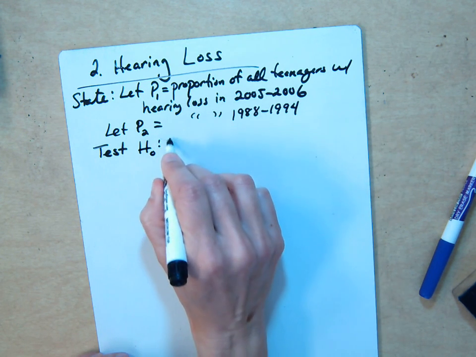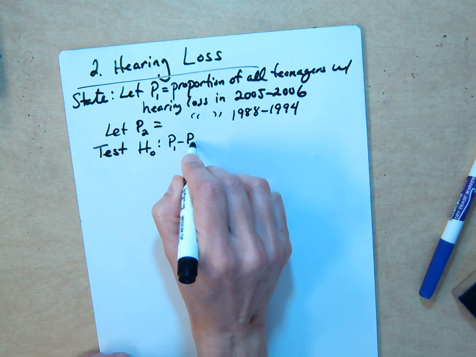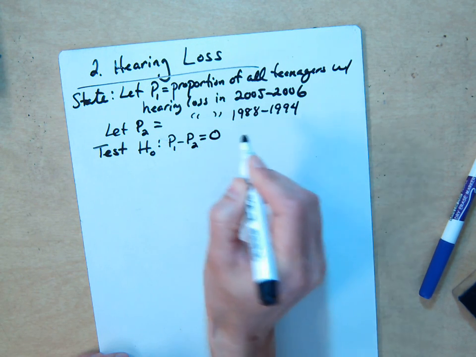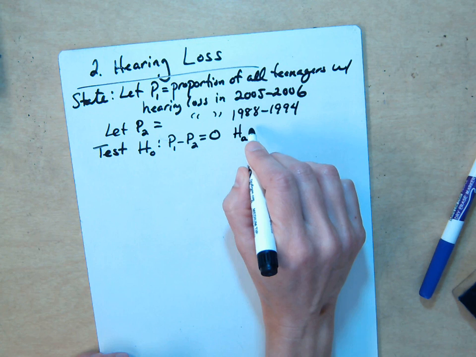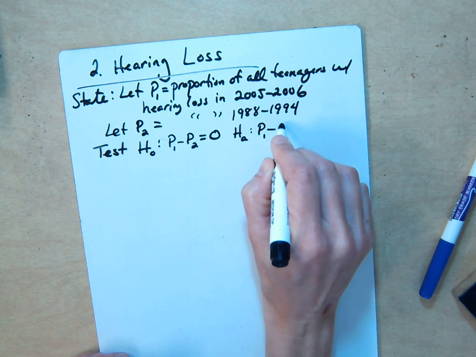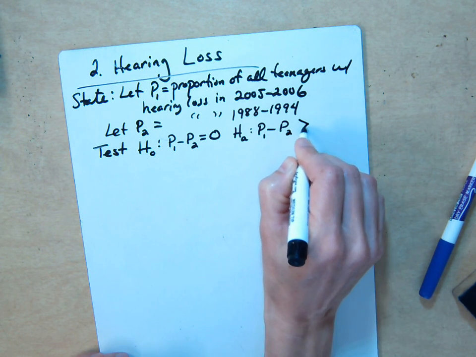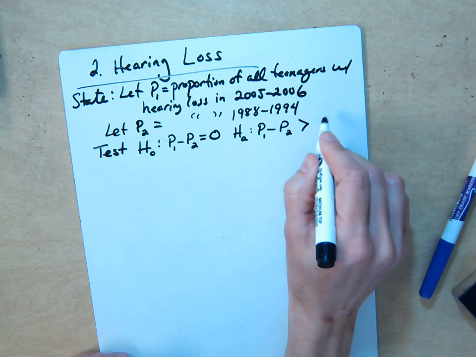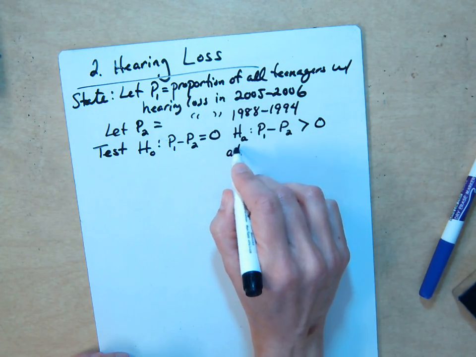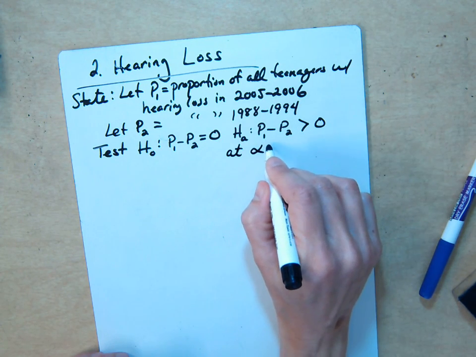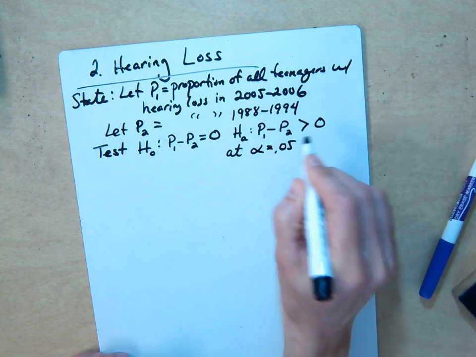Okay, and then our test is H0 is that the difference in proportions is 0, there's no change, and our alternative hypothesis is that the difference is greater than 0, because we're trying to show that there was hearing loss greater than 0. And the default is alpha is the 0.05 significance level.